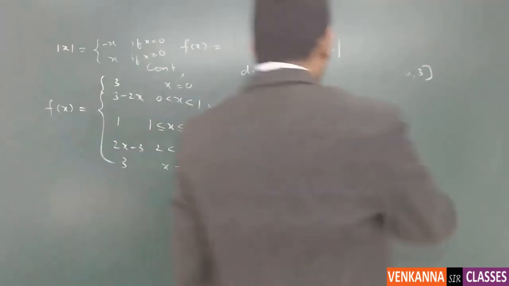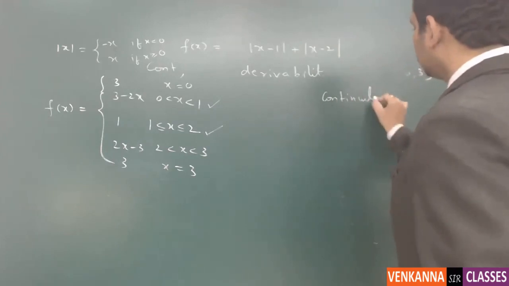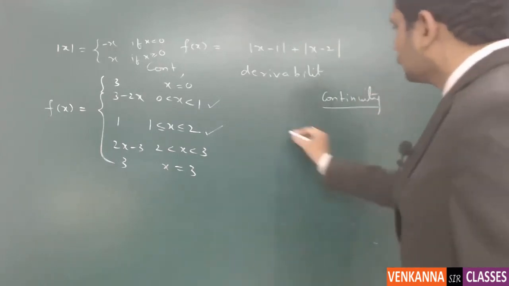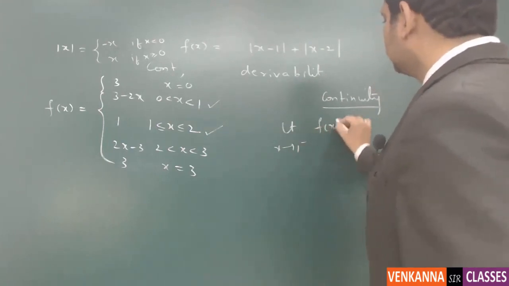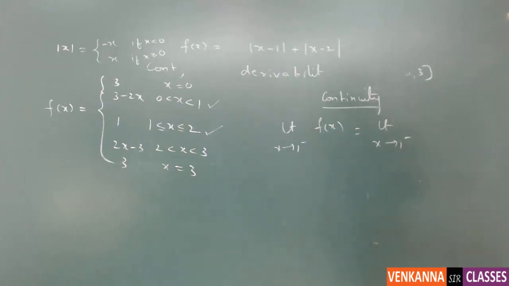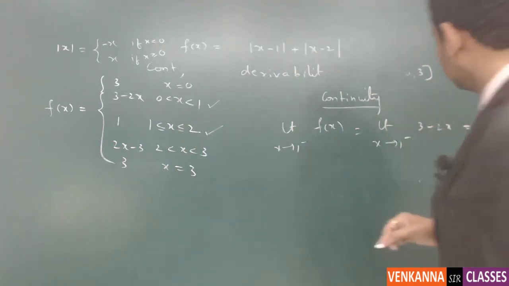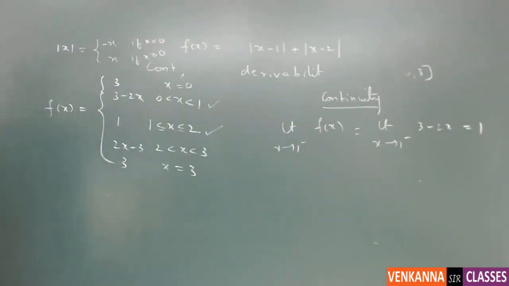So if you go for continuity, limit x tends to 1 minus f of x will be 3 minus 2x. So the value will be 1. Accepted? Right.